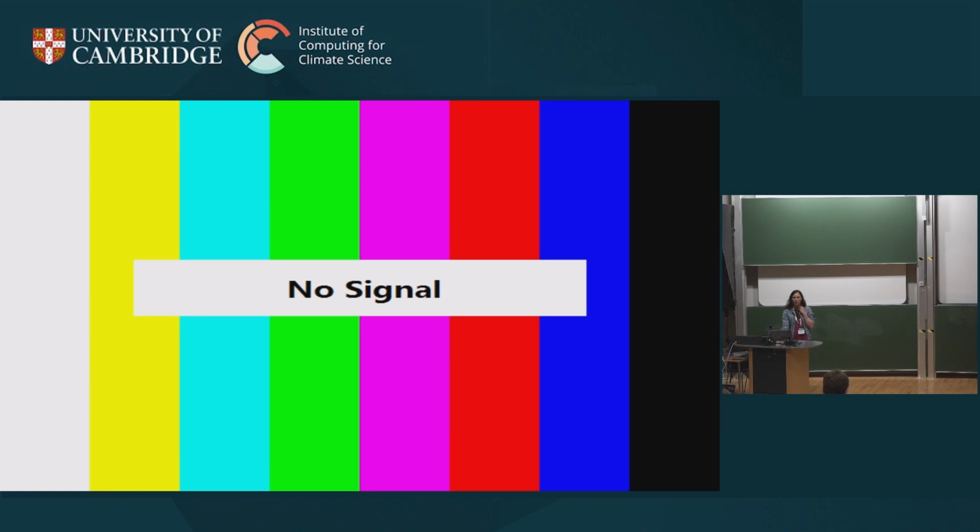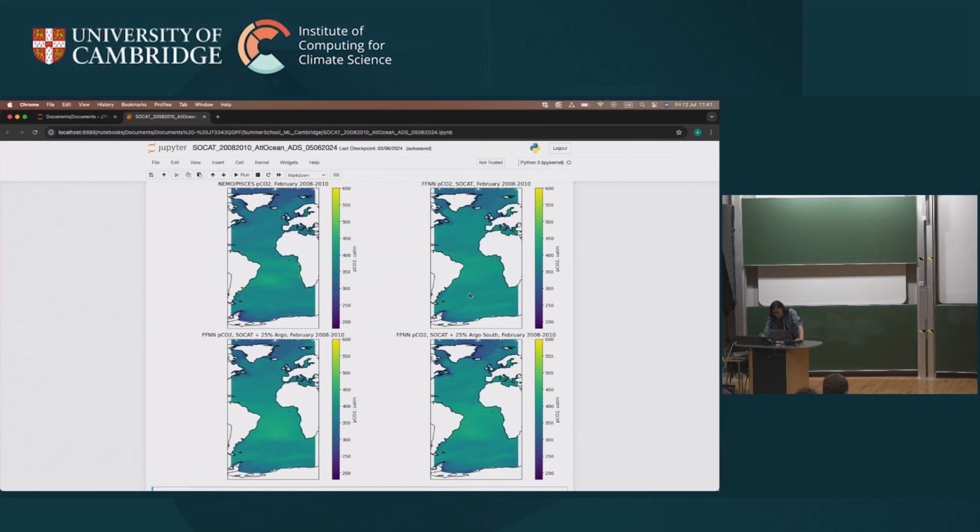That is missing when we use just SOCAT values in our first results, where we didn't have too much data in the southern hemisphere, so it is missing.